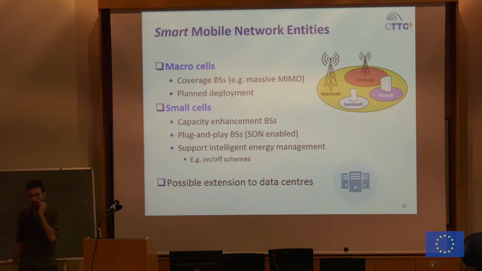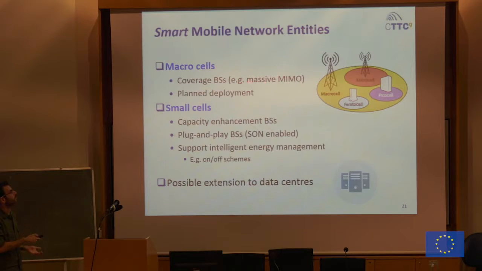So let's now move to our case. What we are doing here, I would maintain this term SMART, but actually it is what I called before energy sustainable mobile architecture. And we have different entities that are playing the game in this scenario. So we have macro cells that are probably only coverage base stations.